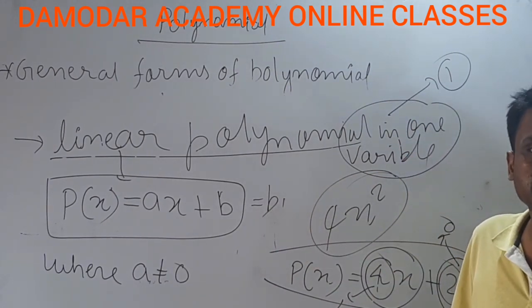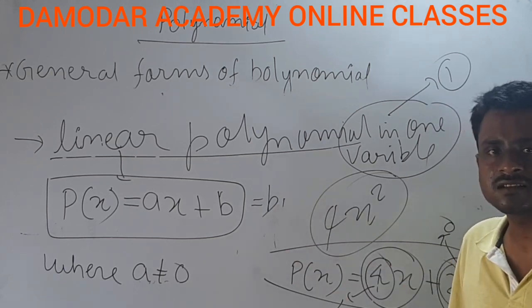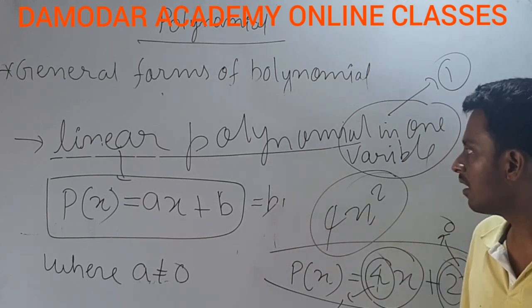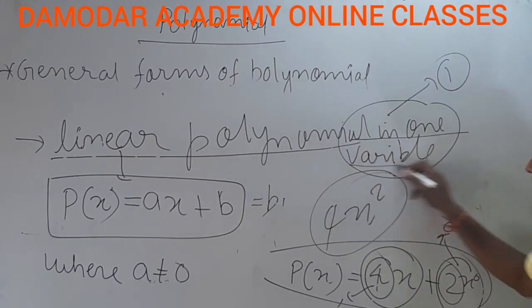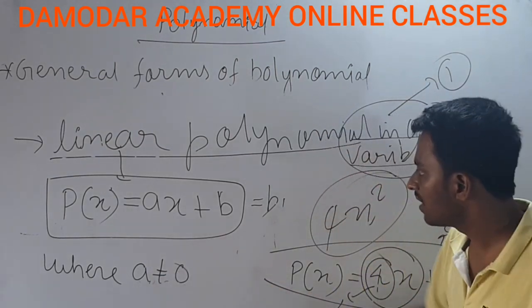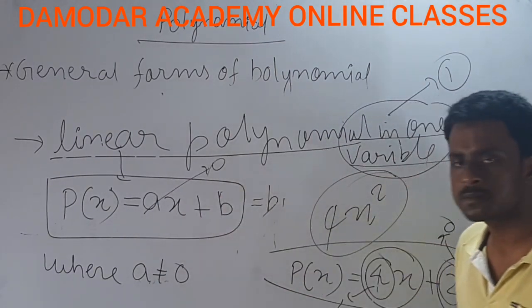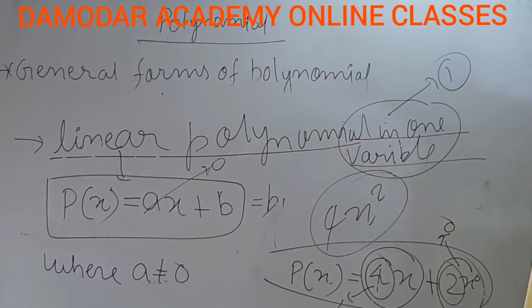This is equal to b. Now b is a constant. There is no variable. And in the question it is written that there must be one variable. If a is equal to 0, then this term becomes 0. Then P(x) is only b, and b is the constant term.